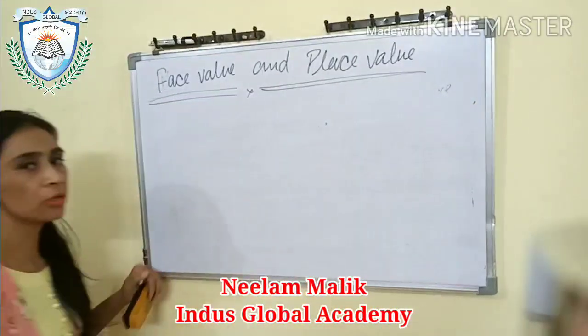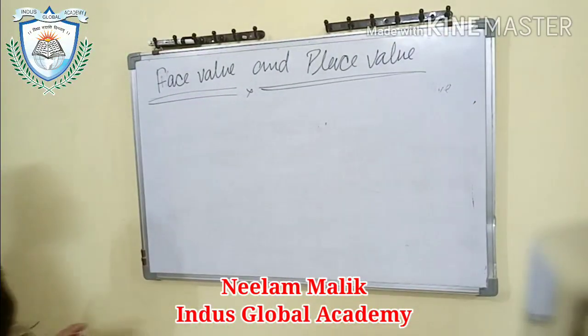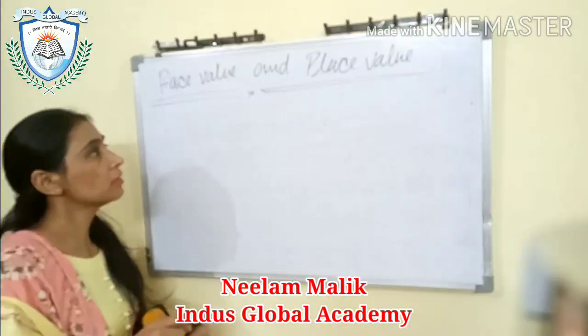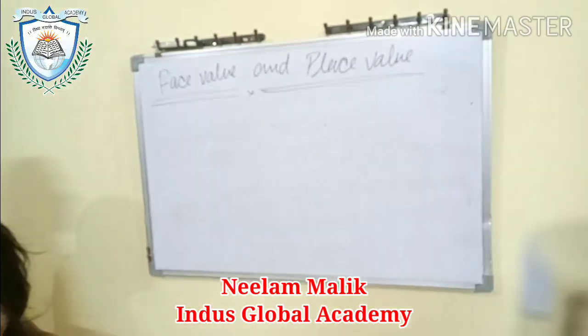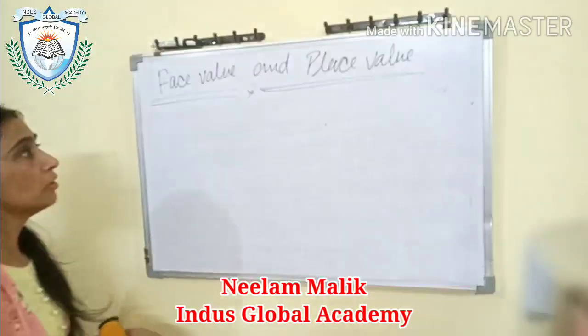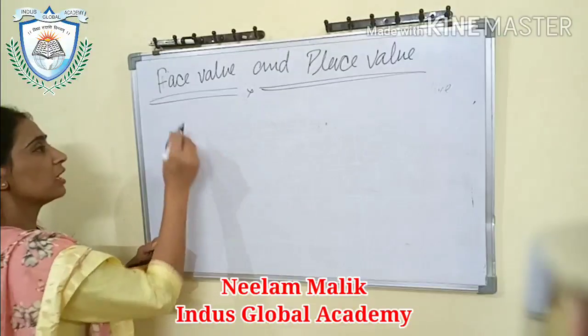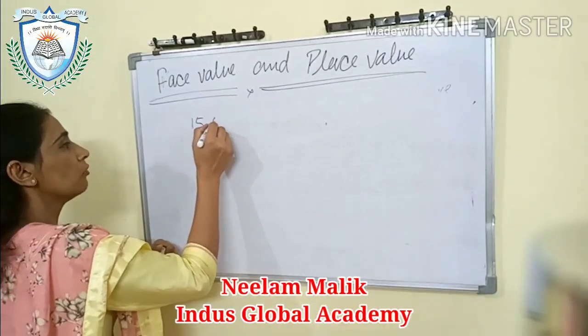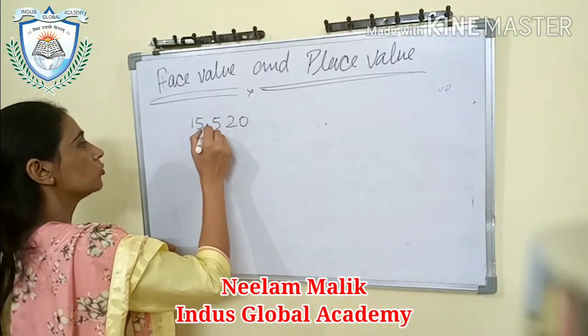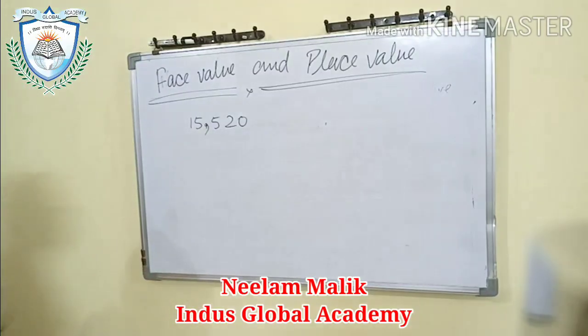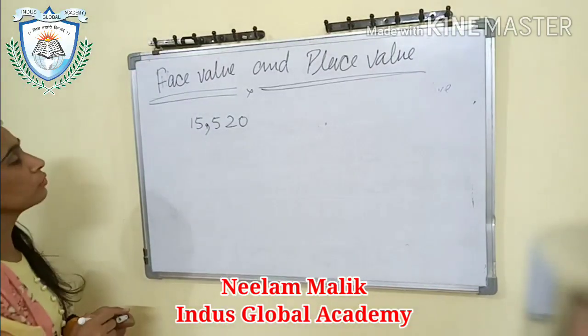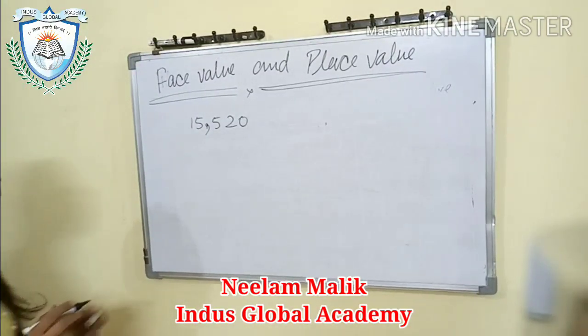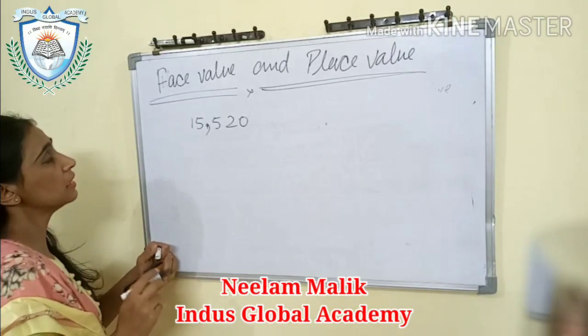What is the face value? The face value of a number is the digit itself. Suppose you have the number 15,520. Face value is the value of a digit itself.